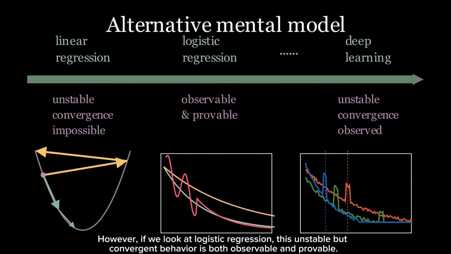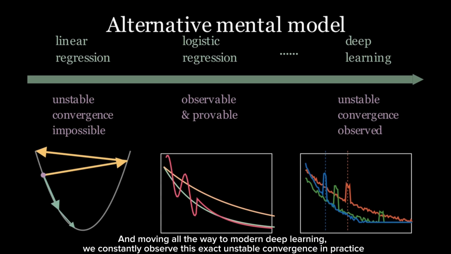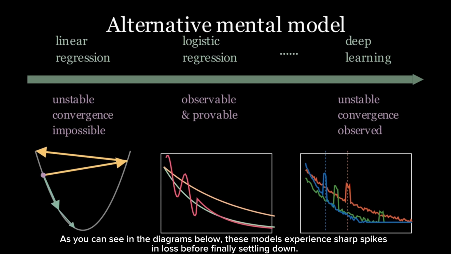However, if we look at logistic regression, this unstable but convergent behavior is both observable and provable. And moving on to modern deep learning, we constantly observe this exact unstable convergence in practice. As you can see in this diagram below, the model experiences sharp spikes in loss before finally settling down.